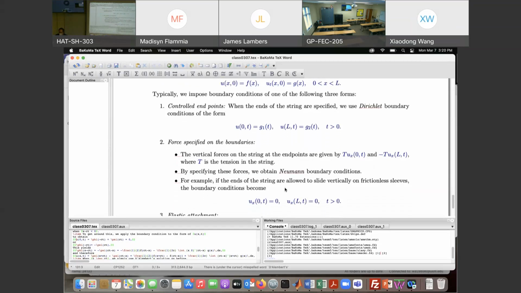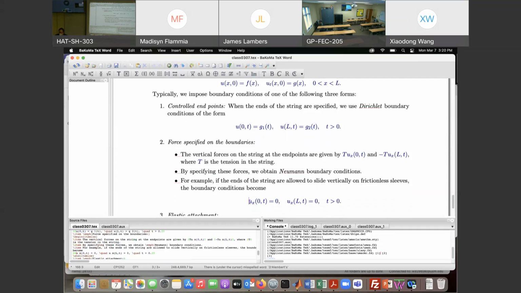This could lead to, for instance, if the ends of a string are allowed to slide, these boundary conditions, so they're not tied to a fixed point. These are type 3 boundary conditions from the heat equation discussion, also known as Neumann boundary conditions. Dirichlet is when the solution is specified at the boundary. Neumann is when technically the normal derivative, but in the case of one space dimension, it's just the derivative with respect to x, is specified on the boundary.